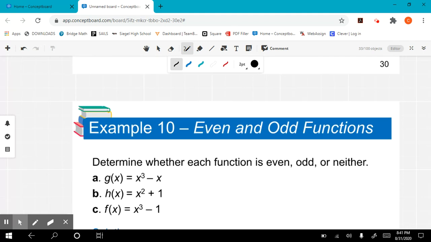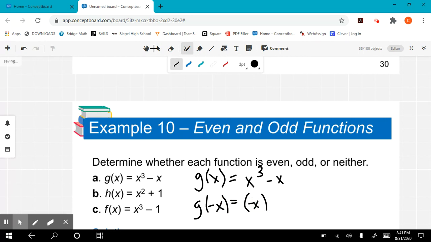All right, so we have these three function values right here, and it wants to know, are these even, odd, or neither? So what we do is, let's take this one right here, g of x equals x cubed minus x. So what I'm going to do is plug in negative x and see what I get.